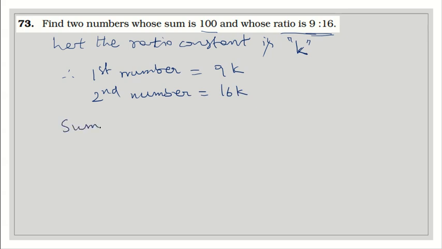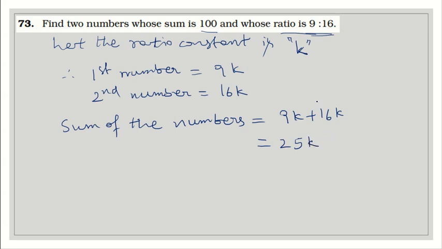The sum of the numbers is 9k plus 16k, which equals 25k. But the sum is given as 100.